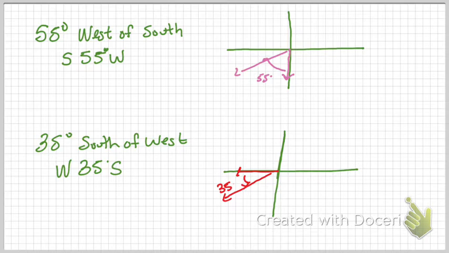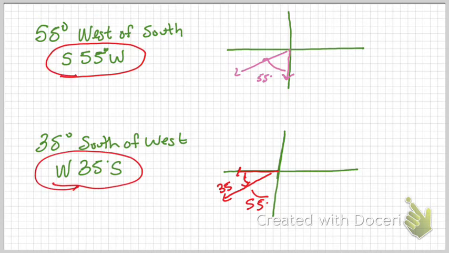Wouldn't those be the exact same direction of a plane flying? Because if this angle here is 35, this angle here is 55, because they add up to 90. So when you see south 55 west, it's the same direction as west 35 south, because they're complementary angles. The plane would be flying in the same direction.